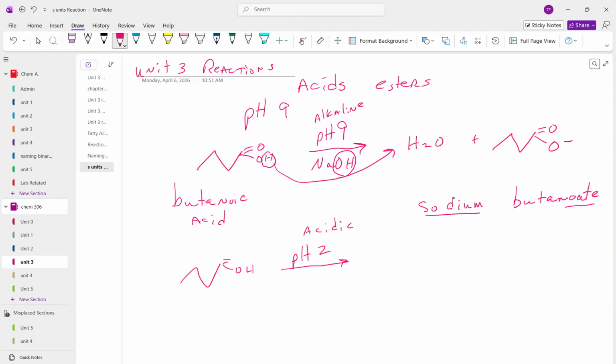And in that case, there's nothing that can pull that H off. So no reaction. So make sure you understand that, because it's going to come back to us in Unit 4, but it's going to be the opposite.